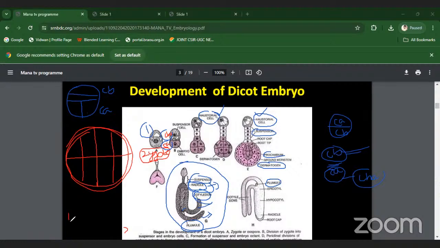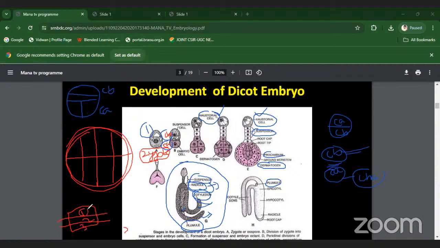Here the periclinal division means this is the periclinal division. Is it clear? How many tiers are formed due to periclinal division? Three types: one, two, three.